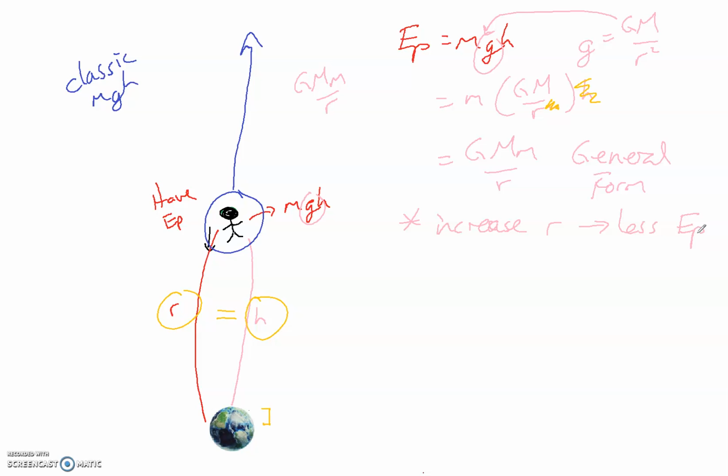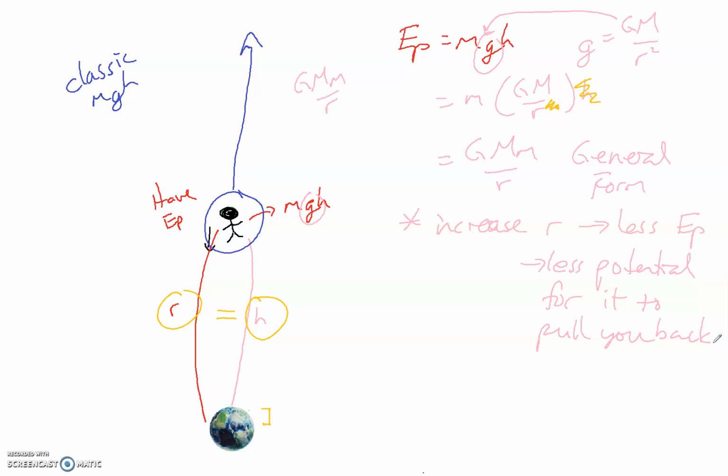As you increase your radius, there's less potential energy. That's a really important mindset to have in something like this. It's a different way to look at it, but it makes way more sense than the classic mgh. The farther away you go, the less potential there is for it to do something, and the less potential energy you're going to have.